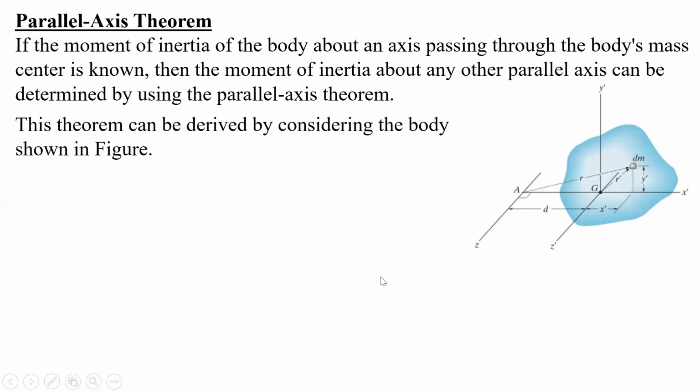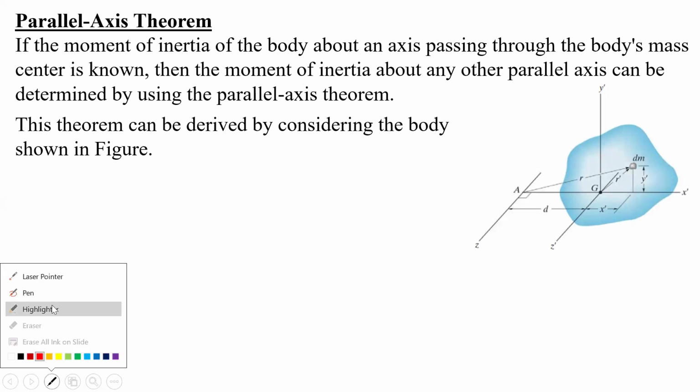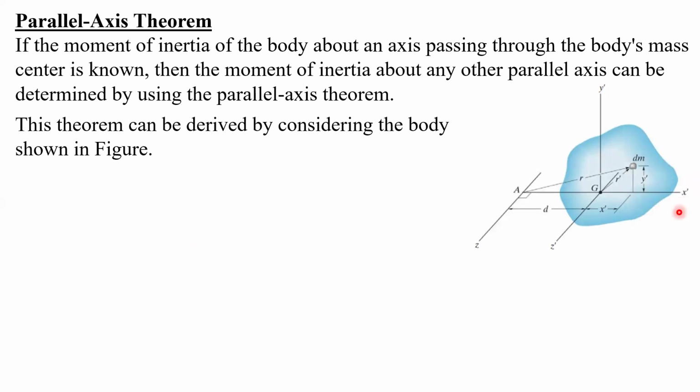Let's look at the body from here, which is the center of mass, G. Then we have a body, dm, at a distance r from the center of mass. From geometry, this is x prime, this is y prime, and this is r prime.